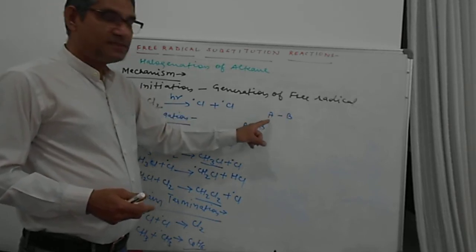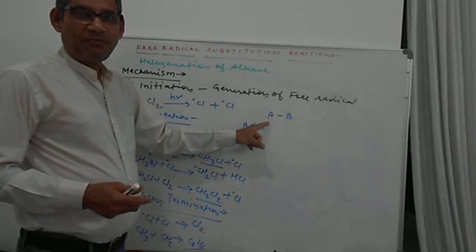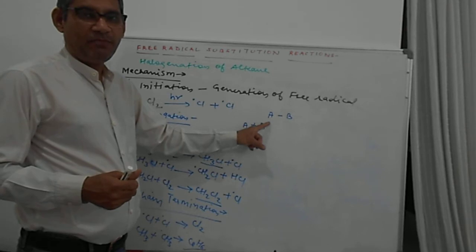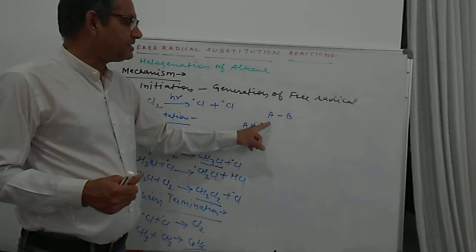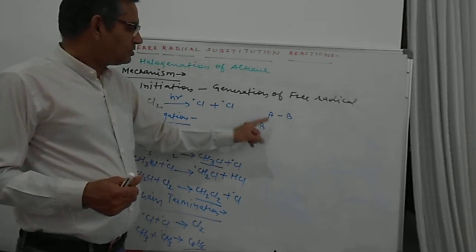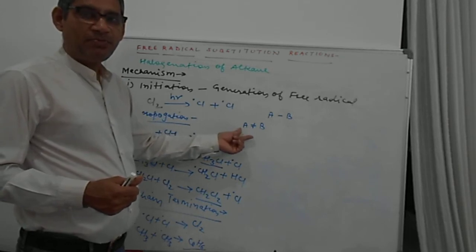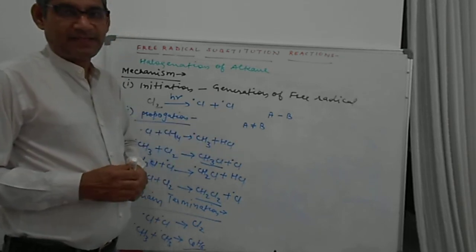The species which is less electronegative will be deficient of the electron pair, will be positively charged, and known as cation. So this is when the difference in electronegativity between A and B is there.